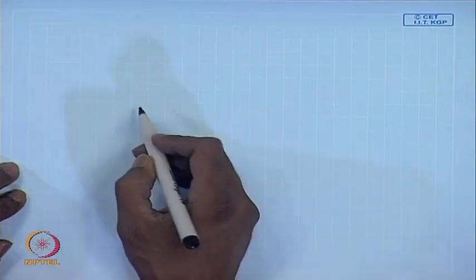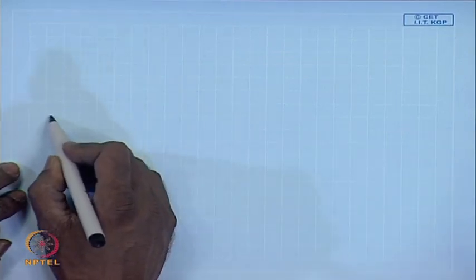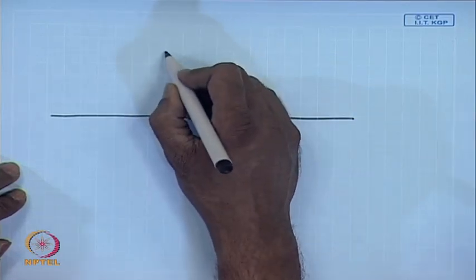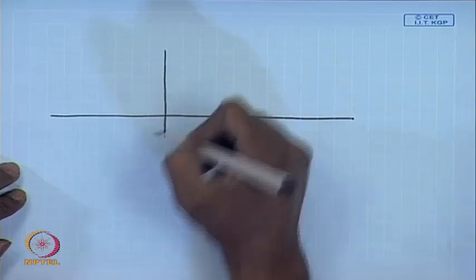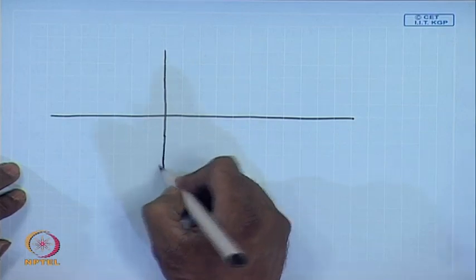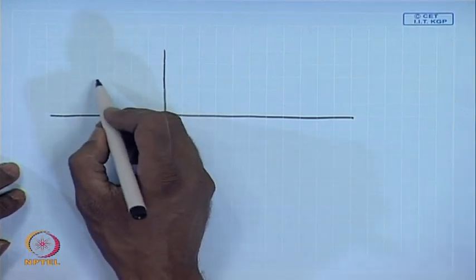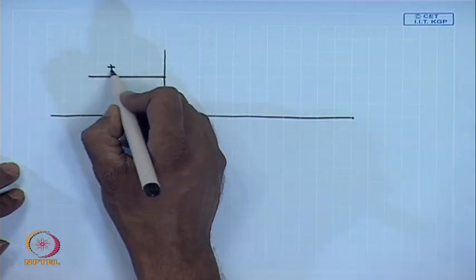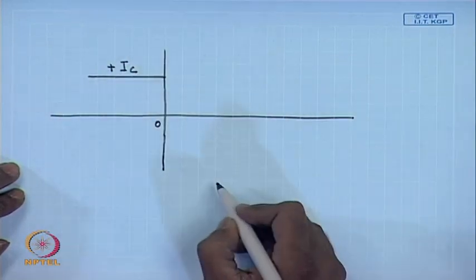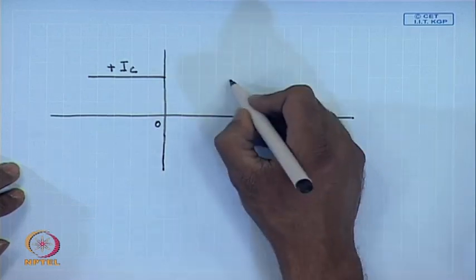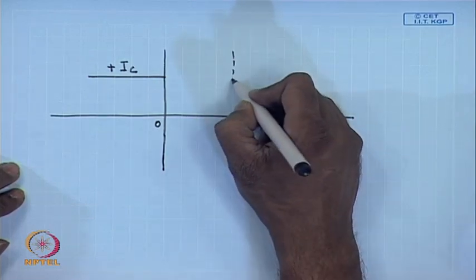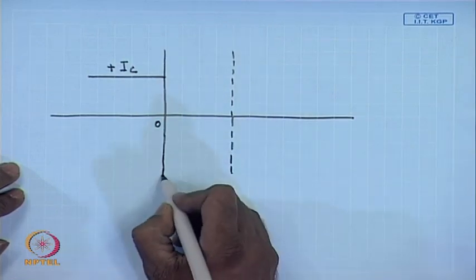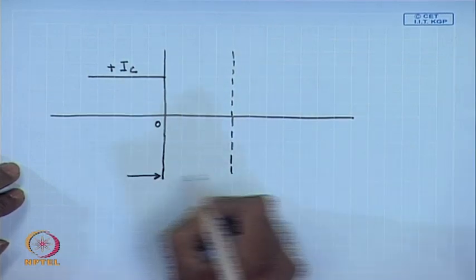Graphically, we can show it in this manner. Let us say this is the instant at which commutation began. At this time, current in coil 1 was plus IC, and let us say this is the time when commutation ends, this time being Tc, commutation time.